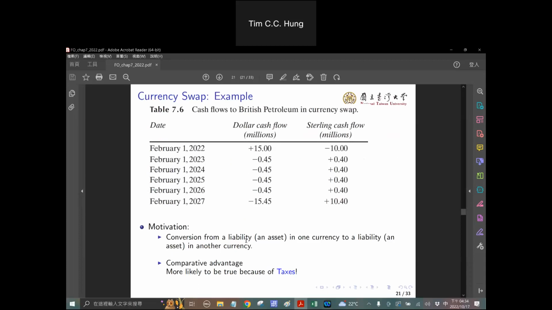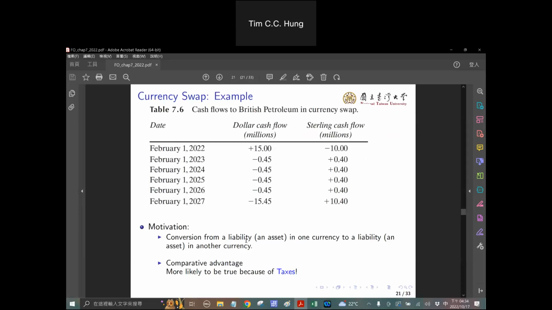At the end of our swap, we're going to pay back British Petroleum the principal of 15 million US dollars, together with the last swap payment, which is $0.45 million. So that's a negative 15.45 million dollar outflow. And then we're going to get back our 10 million UK pounds together with the last swap payment, so it's 10.4 million UK pounds at the end, February 2027.